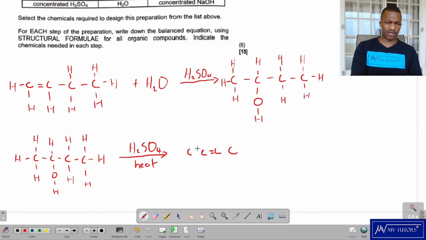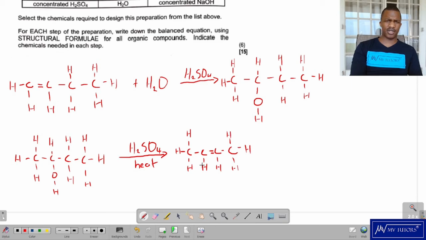But all the rest is going to be H's. So you must make sure each carbon atom has 4. So 1, 2, 3, 4 over there. 1, 2, 3, 4 over there. And then this one has got 4 all around.